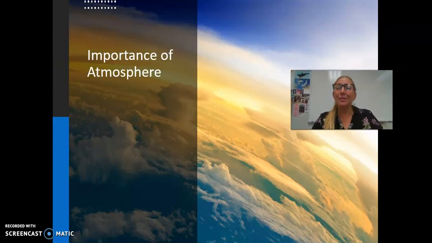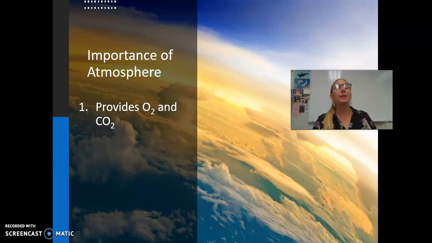So here we go. Reasons why the atmosphere is important to all life on Earth. Number 1, it provides necessary gases like oxygen and carbon dioxide. Oxygen is needed by living things in order to perform the process of cellular respiration, which is what releases energy from the food we consume.